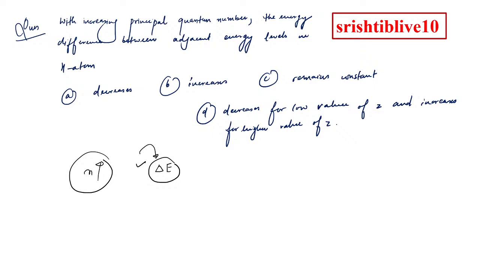Decreases, increases, remains constant, decreases for low value of Z and increases for high value of Z. Okay, pay attention everyone.